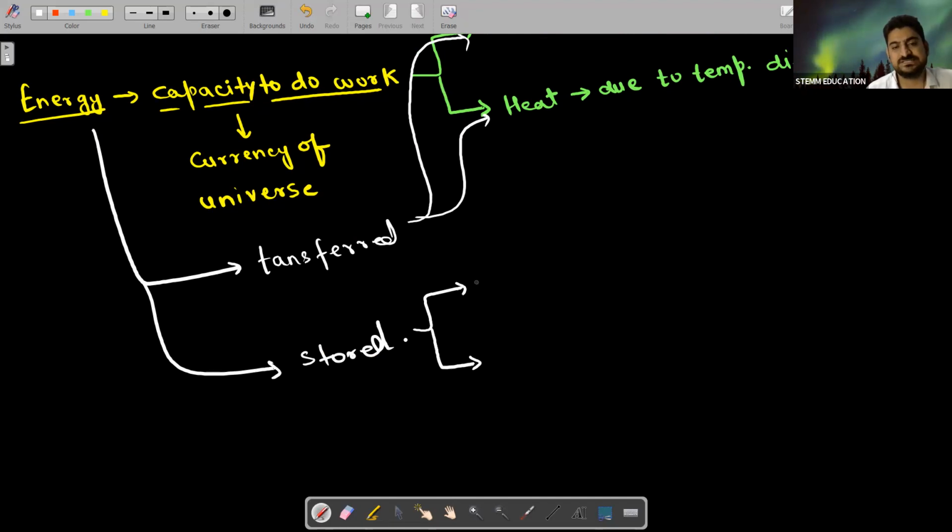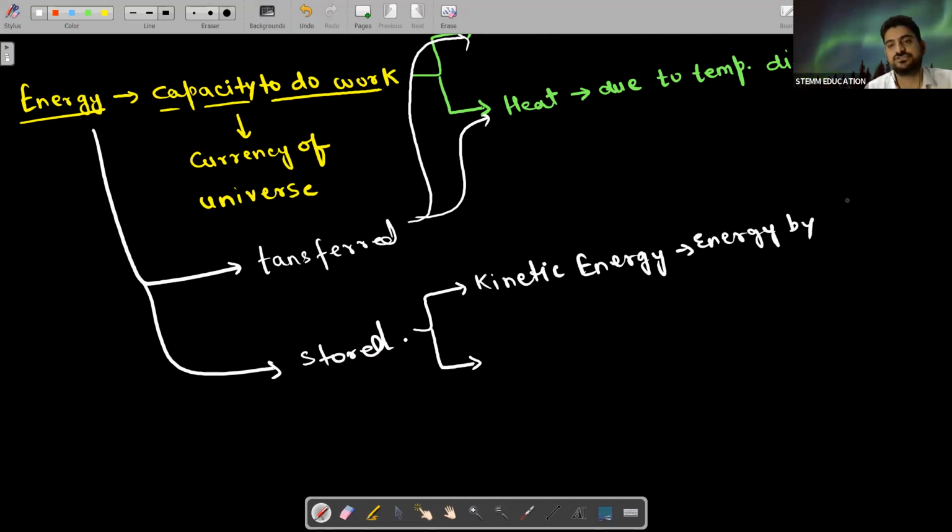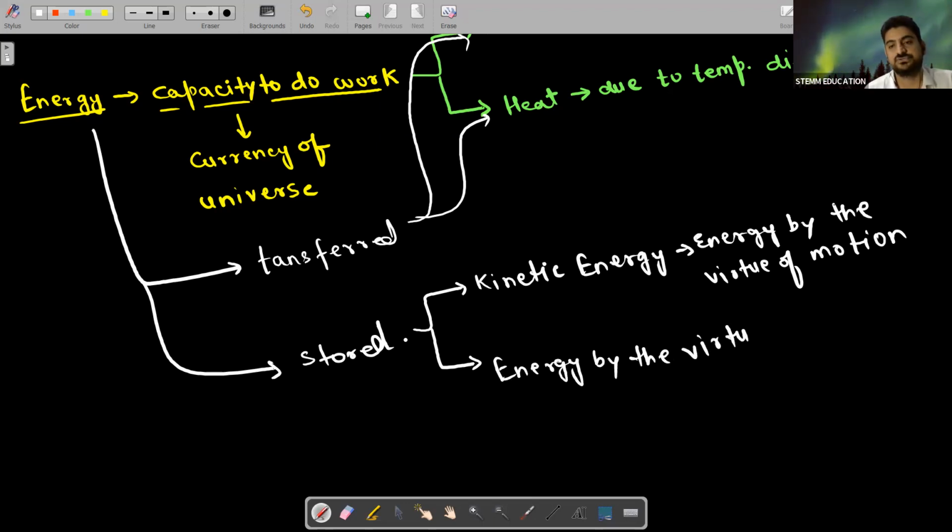The first one is known as kinetic energy. It is energy by virtue of motion. And the second one is energy by virtue of configuration.